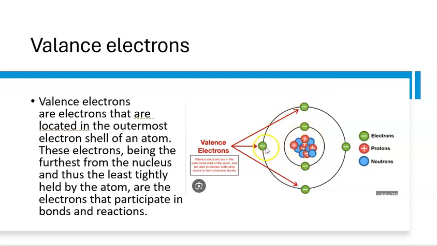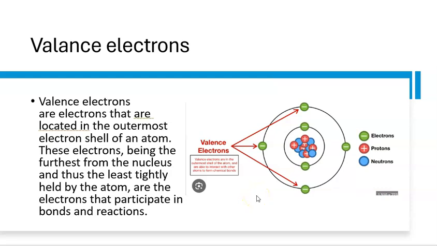The outermost shells are what we call the valence electrons and are the most important ones in chemistry, because they are the ones that take part in the chemical reactions.